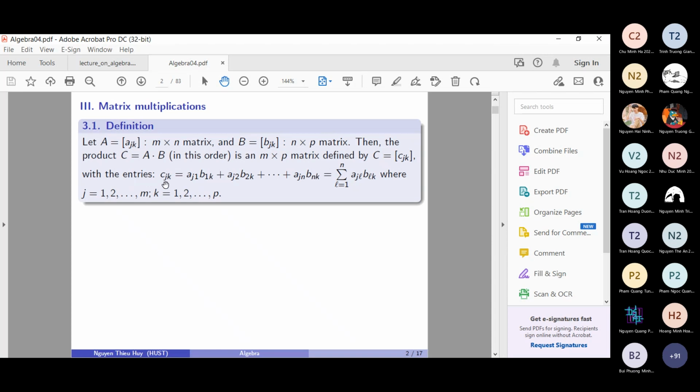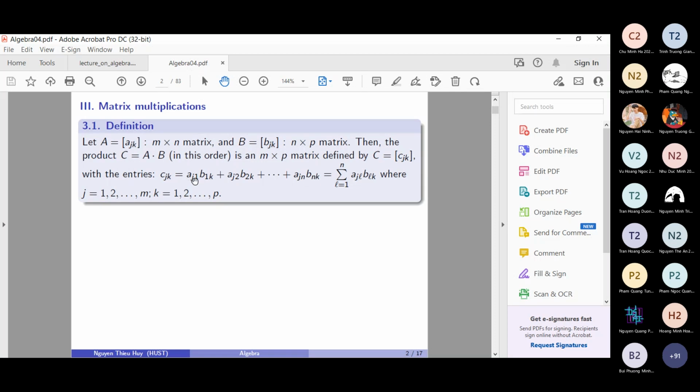Again, if you look in more detail, you see that here we add products. The first factor here is A_j1, A_j2, until A_jn.